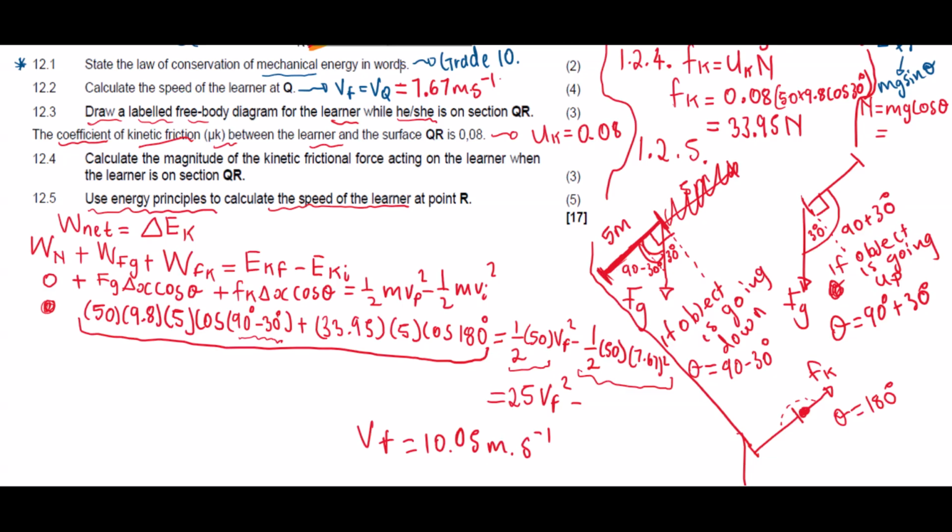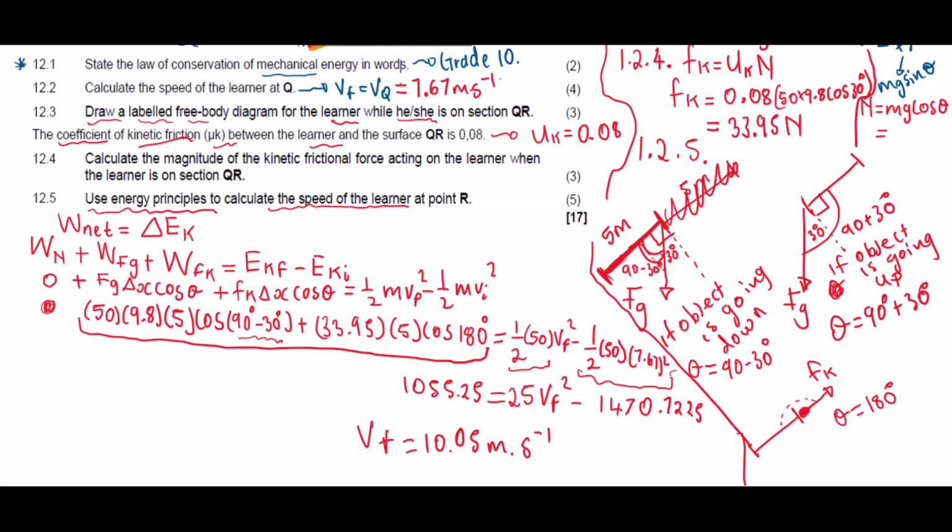So the answer here is 1055.25. Then the answer from this side is as shown. Then divide and then square root.